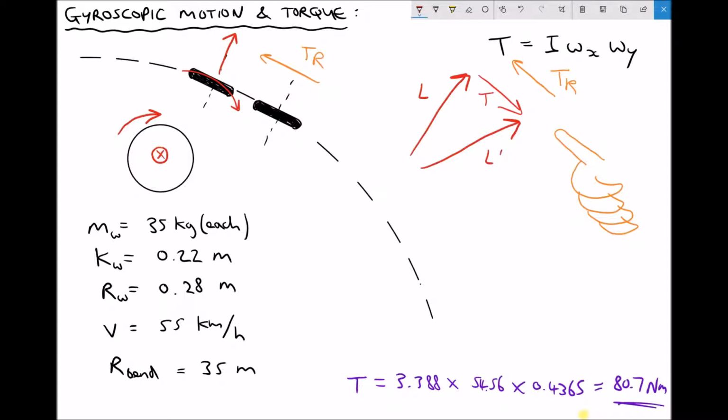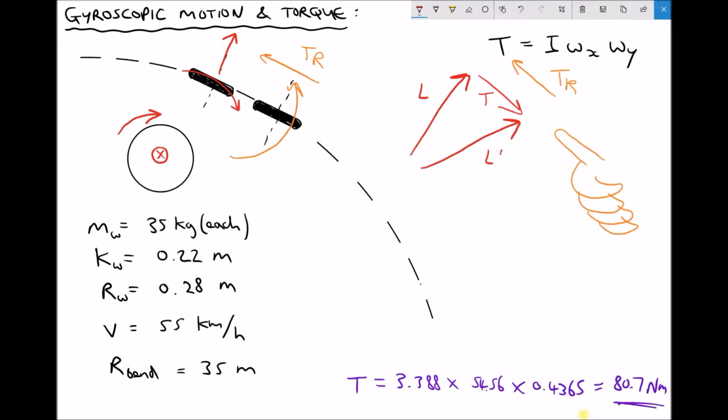Therefore the impact of that reaction torque is to try to tip the rider outwards, or outwards from the radius of the bend. Now if we think what cyclists and motorcyclists do when they go round a bend, is they lean into the corner. And the reason they lean into the corner is to counteract this gyroscopic reaction torque and to prevent themselves from tipping outwards towards the outside of the bend.